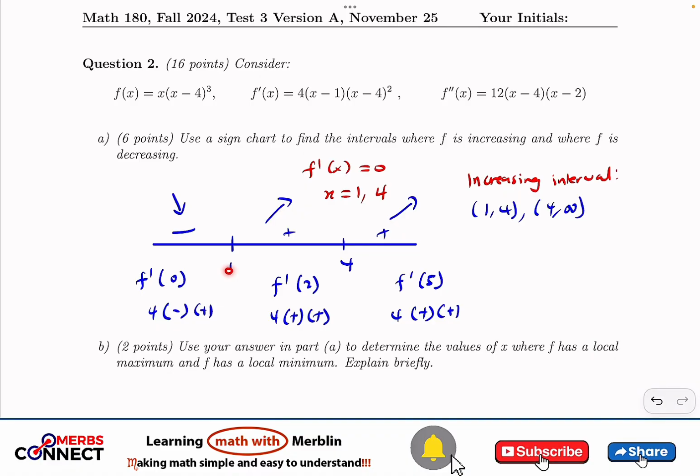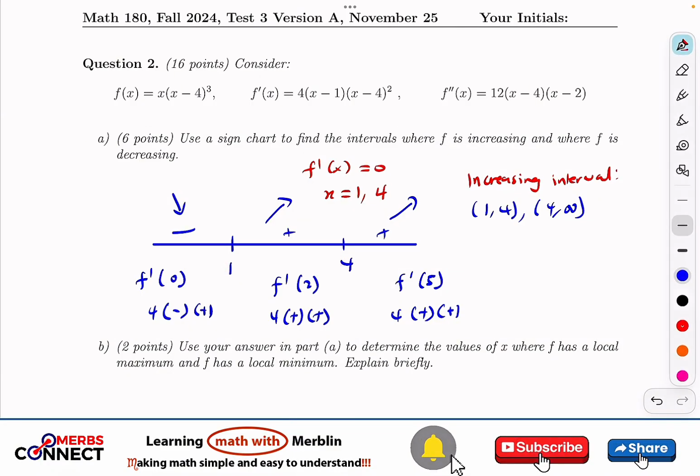Let's say from 1 to positive infinity, you need to divide them into 2. And then the decreasing interval is going to be from negative infinity to 1. Yes. So that will be the decreasing interval from there.